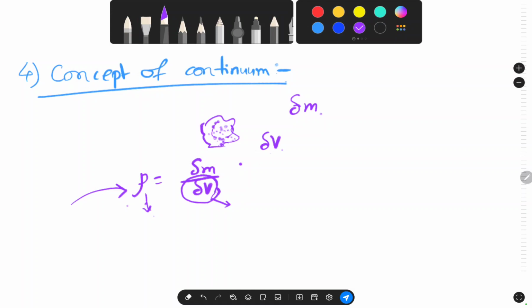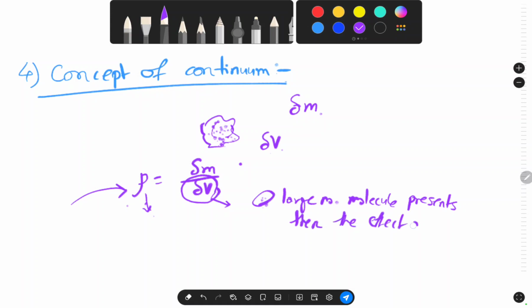So if there are a large number of molecules present, then the effect of the number of molecules on density calculation will be nullified.